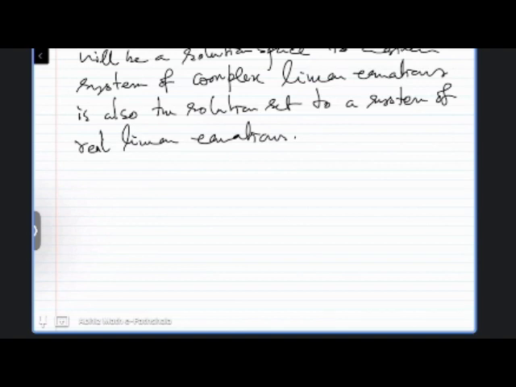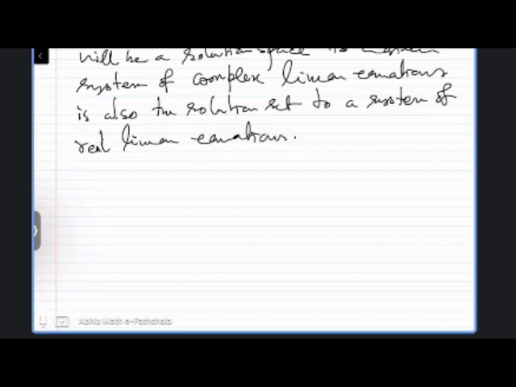So let me start. I'm going to give you some examples also. So what is the definition?